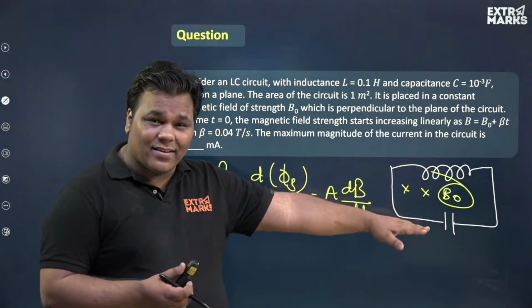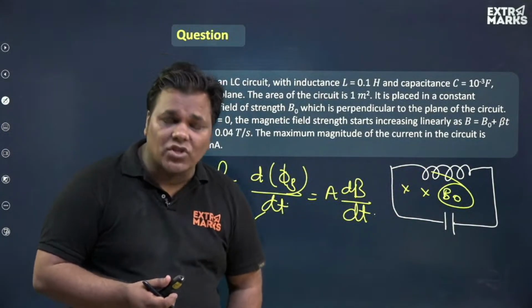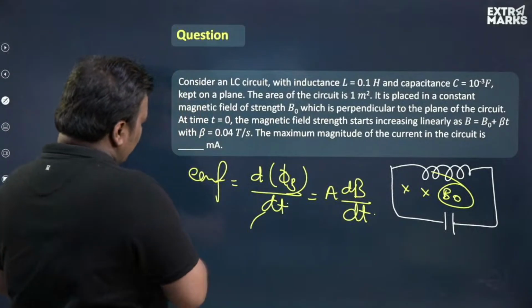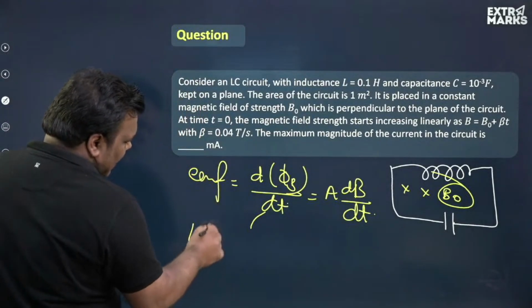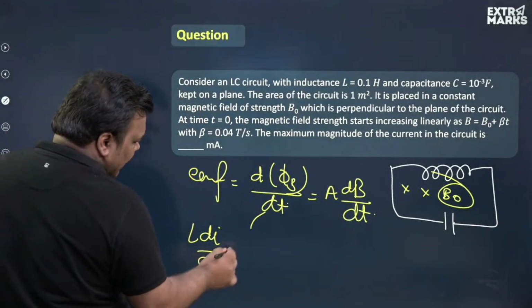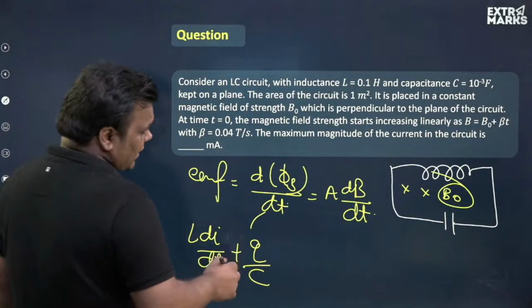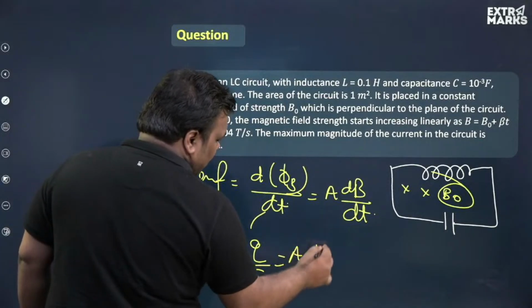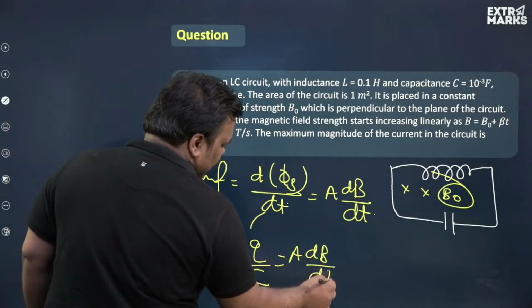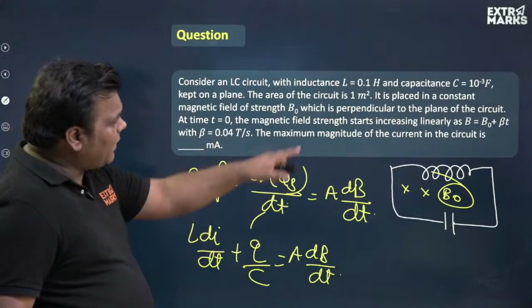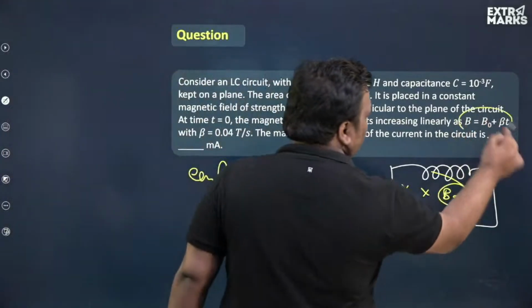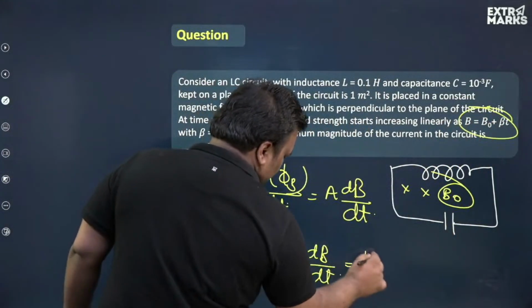First is inductor, second is capacitor. So can I say EMF is L di by dt plus Q by C is equal to A dB by dt. Acha, dB by dt I can calculate na? Just differentiate it. Beta A.